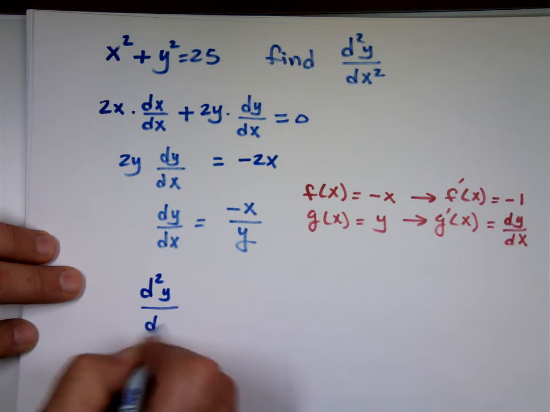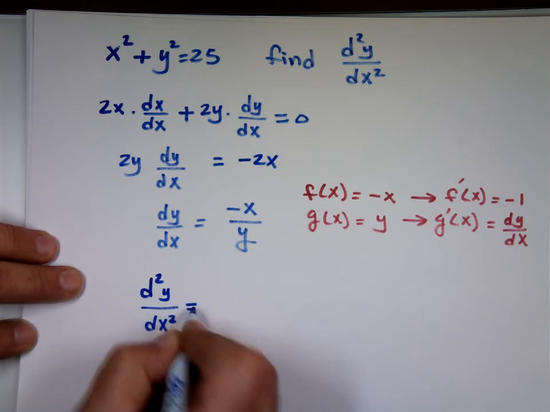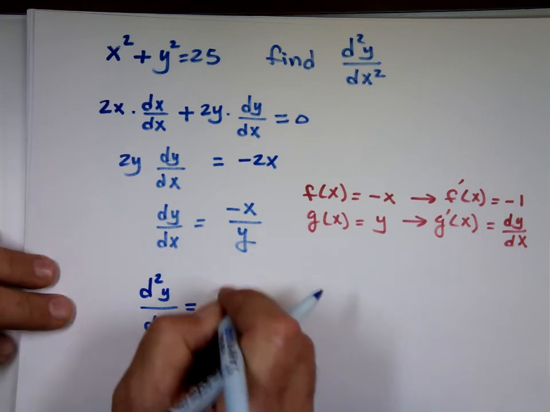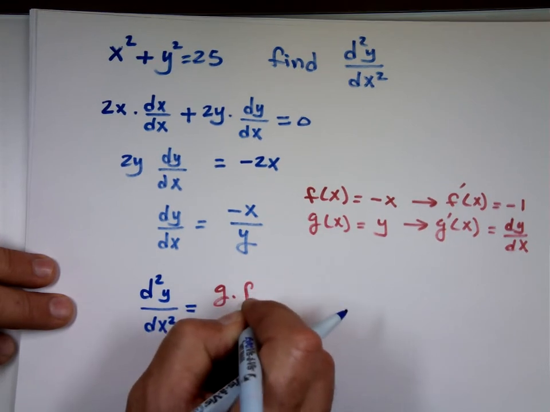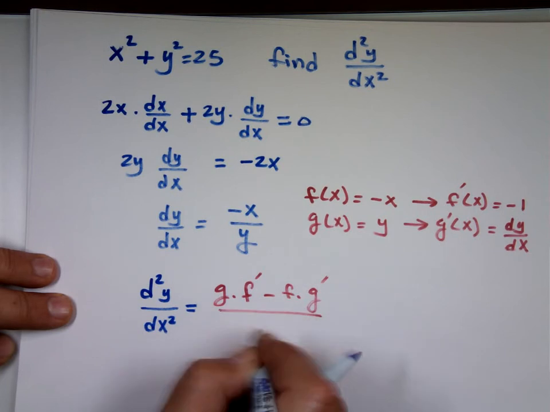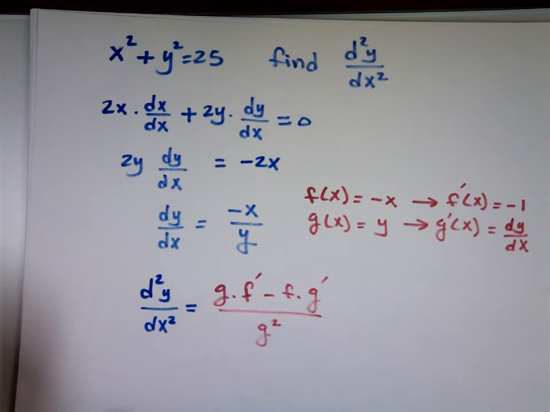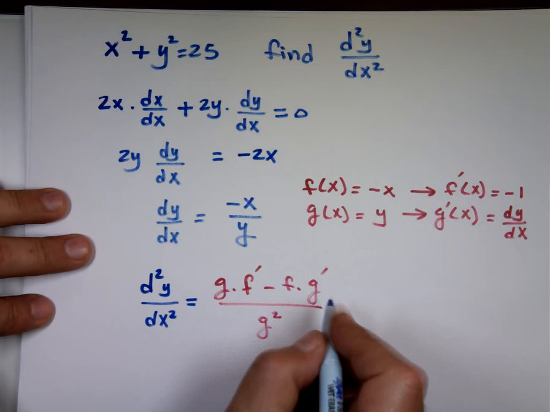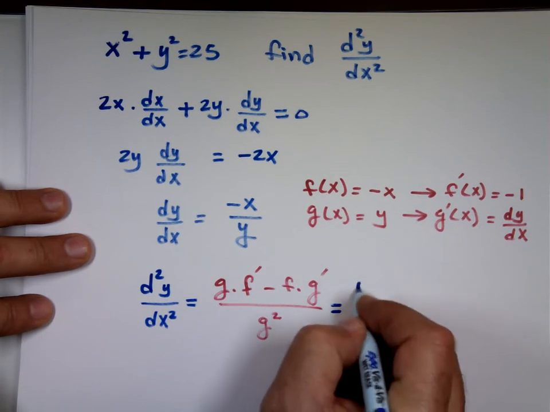So what's the second derivative now? We're going to use the quotient rule, which is g times f prime minus f times g prime, all divided by g squared. G, which is y, times f prime, which is what?